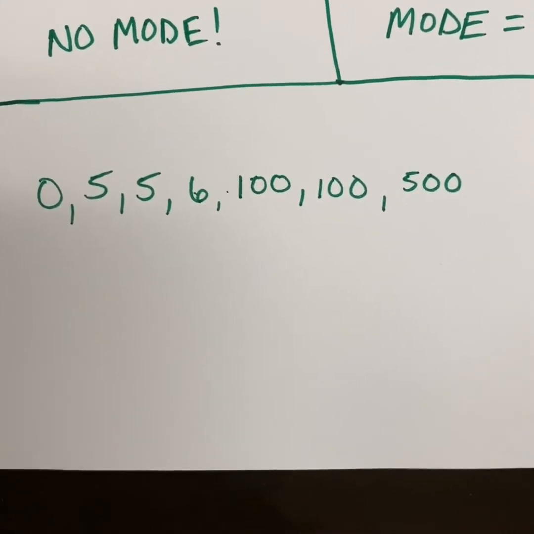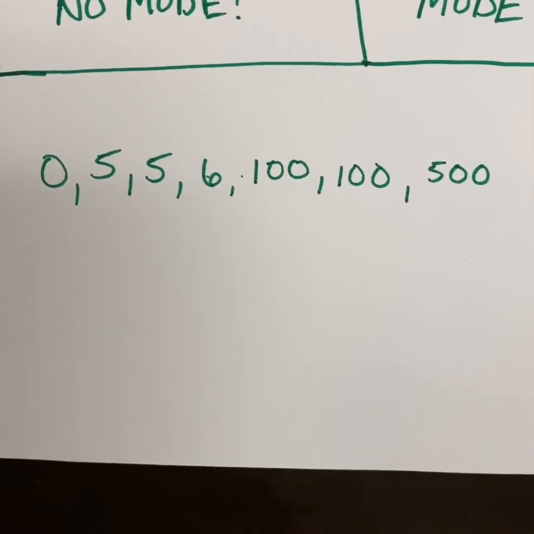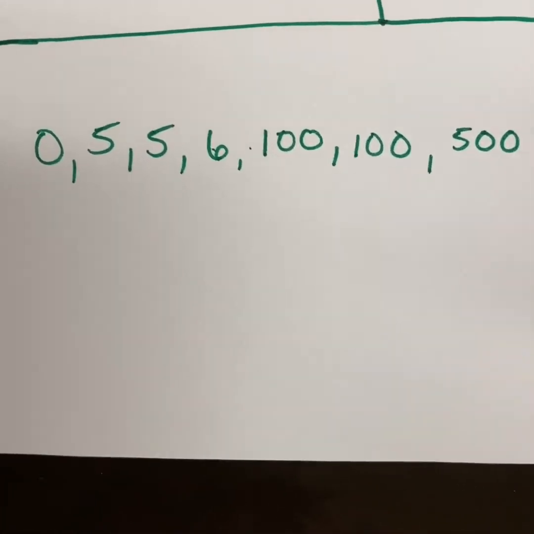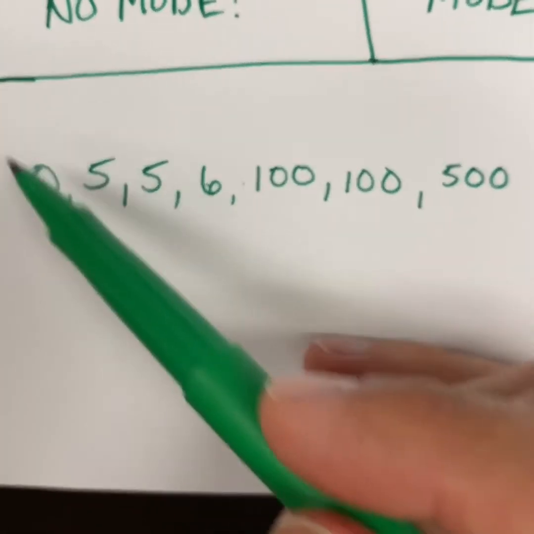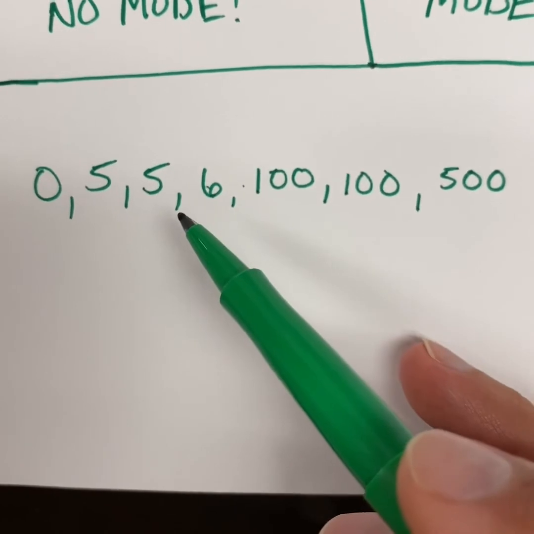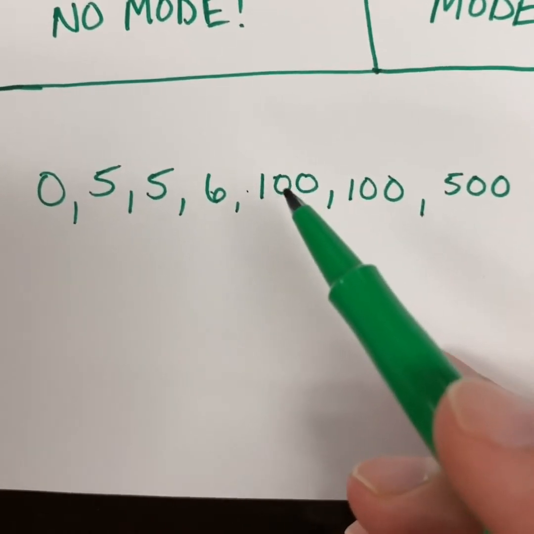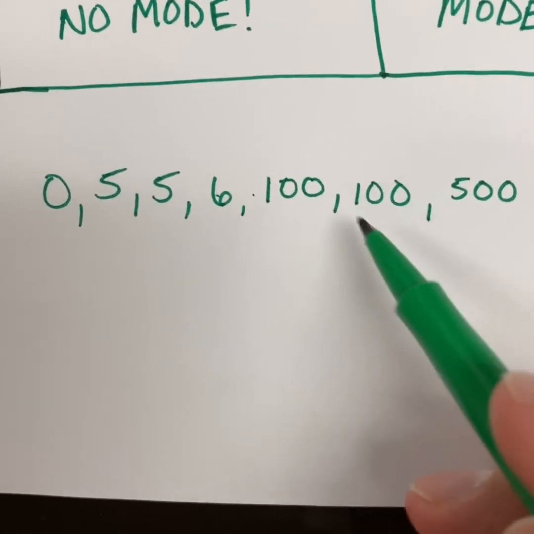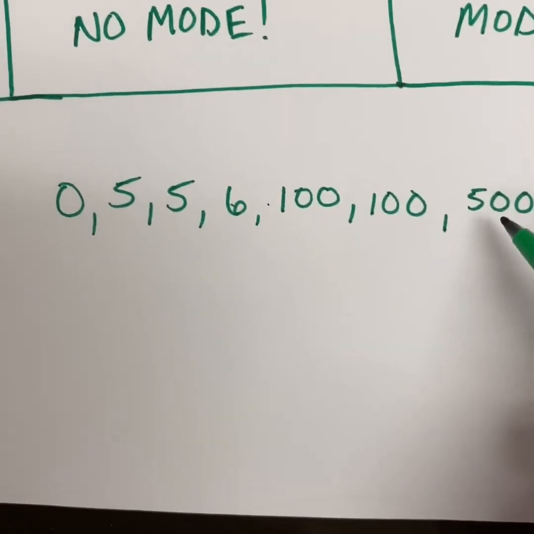So here is our final example, our third example. We are going to be looking for numbers that repeat. In this case, we have a 0, a 5, and a 5. Okay, 5 repeats twice. Here's a 6, 100, 100. 100 repeats twice, and a 500.